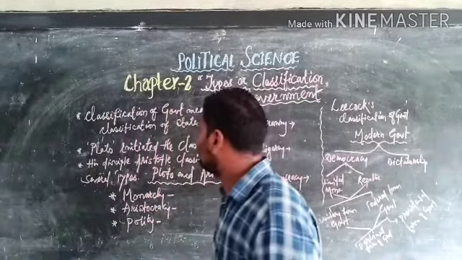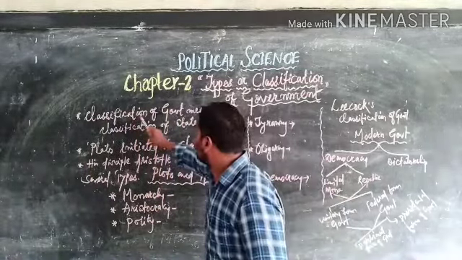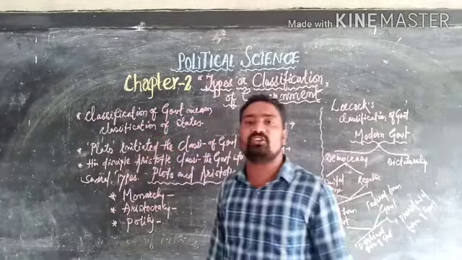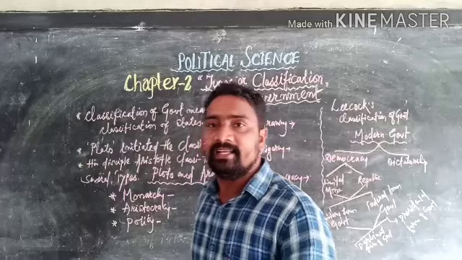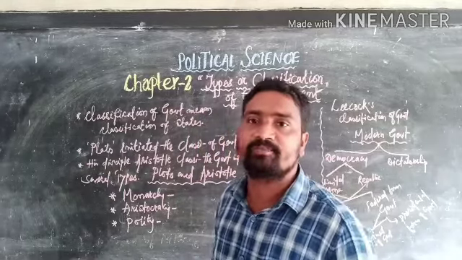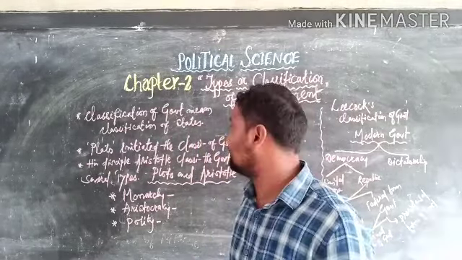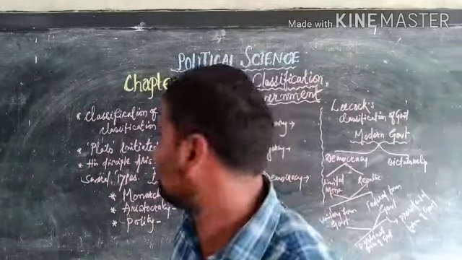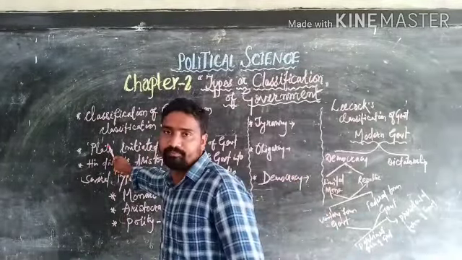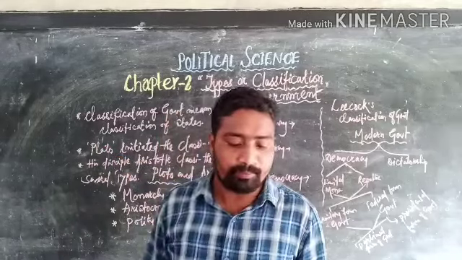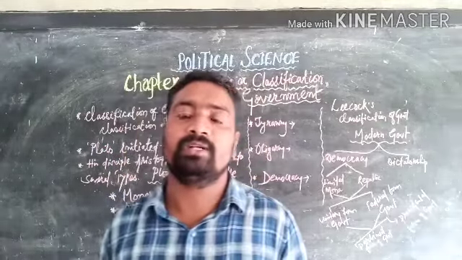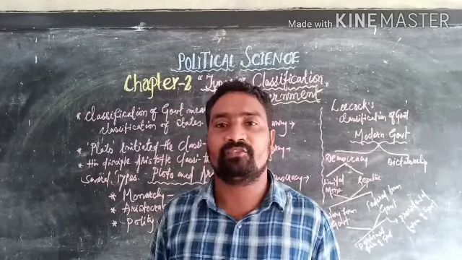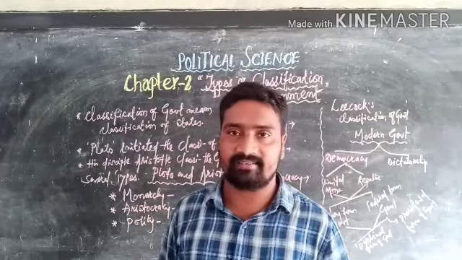So here, keep in mind, classification of government means classification of states. And then you have to keep in mind Plato. Who is Plato? Plato is known to be an ancient Greek philosopher or thinker.